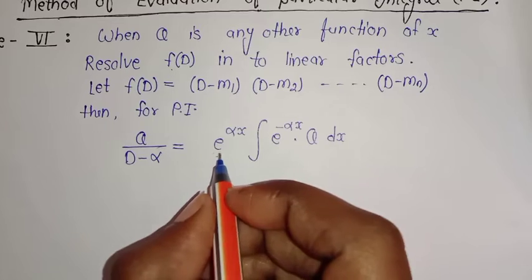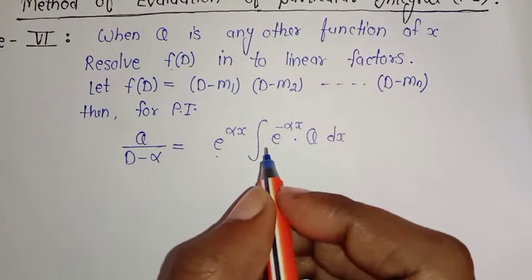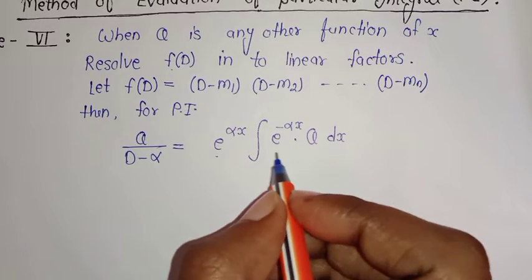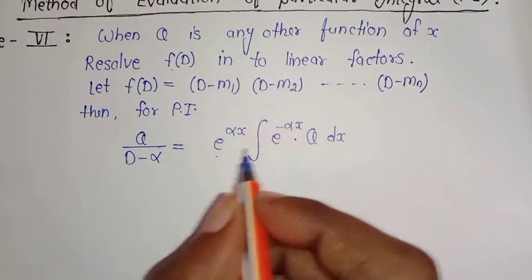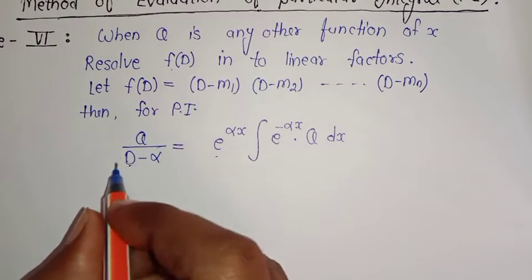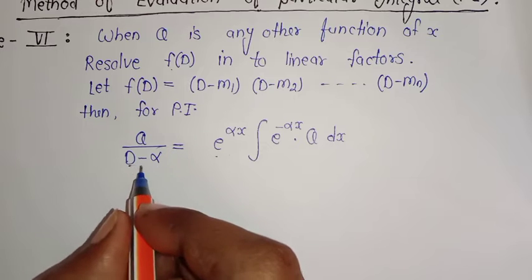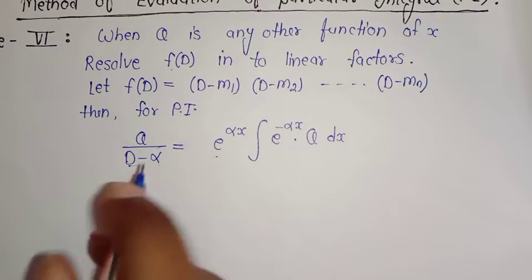Remember that the positive exponential term will be outside of the integral and the negative exponential will be inside the integral when our denominator is in D minus alpha form. You have to remember it always.